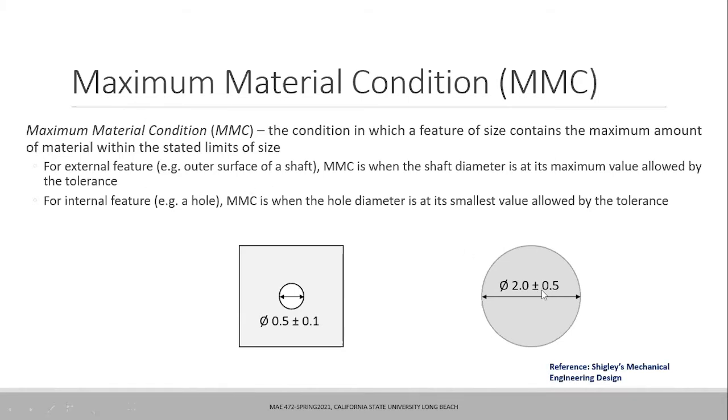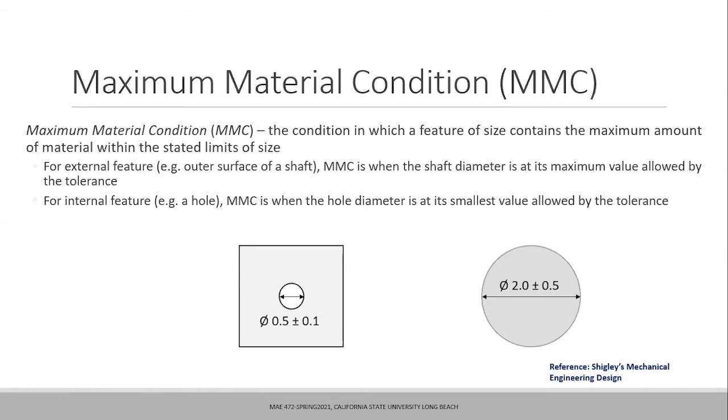For an external feature, like this one, the MMC happens at the maximum value allowed by the tolerance, so 2.5. If it is an internal feature, then MMC corresponds to the smallest value allowed by the tolerance. So we are saying this 0.4 will be the MMC condition. Is everybody agreeing, or is everybody getting along with this description of MMC?